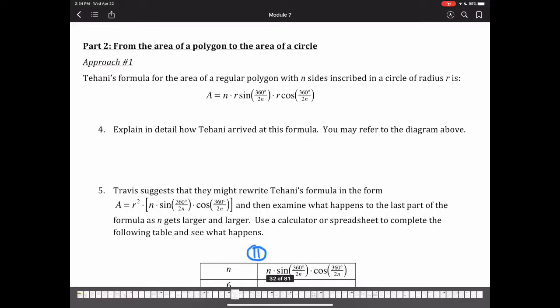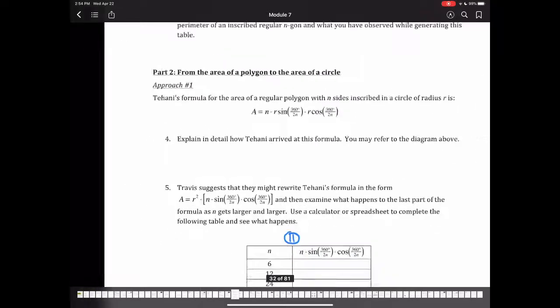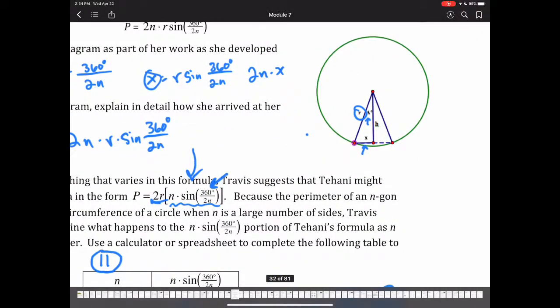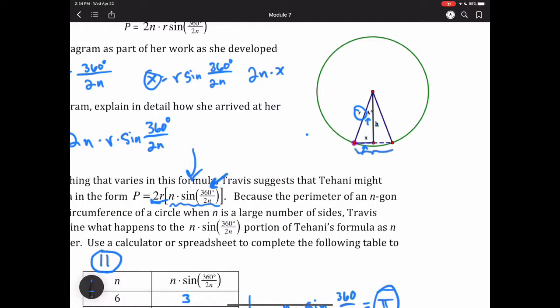So Tahani has a formula for the area of a regular polygon with n sides described in a circle with radius r, like this, okay? And that, again, just comes from trigonometry. If we look back at our circle here on the last page, all she's really doing is saying this whole bottom times the height, divided by 2, is equal to the area of one triangle, because it's base times height times 1/2.